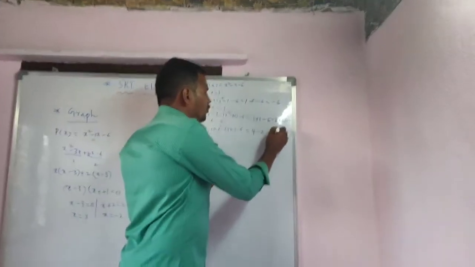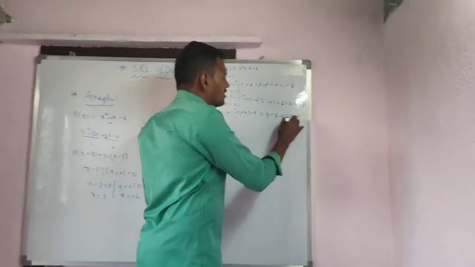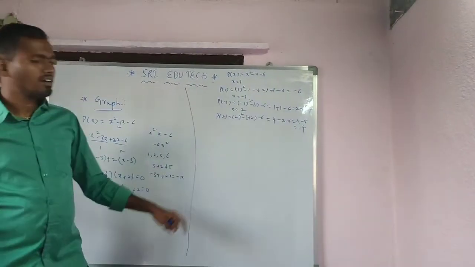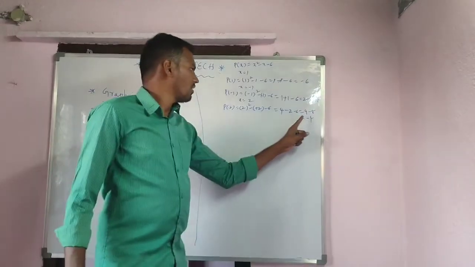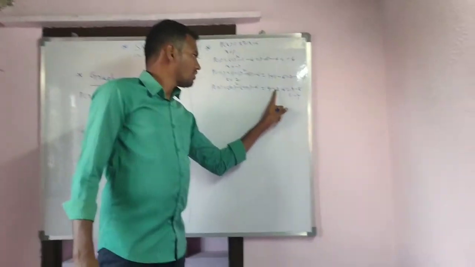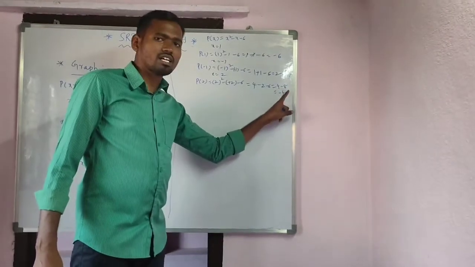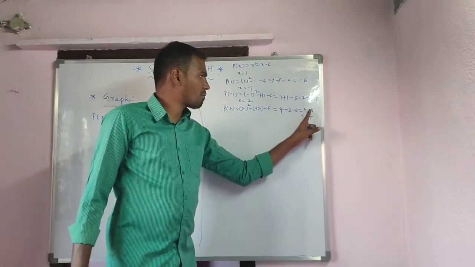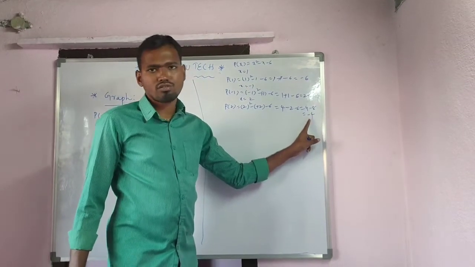Then 4 minus 8 is equal to minus 4. Minus 2 minus 6 is minus 8, then 8 minus 4 is 4 only; the bigger number has the minus symbol, so keep minus 4.